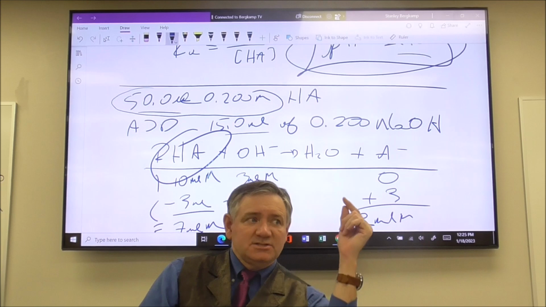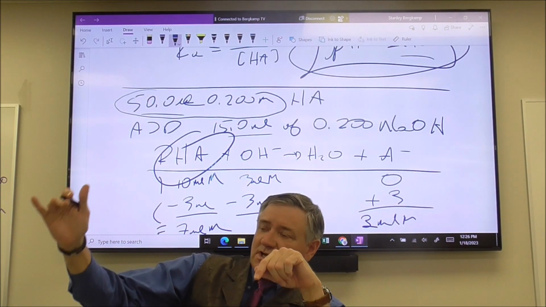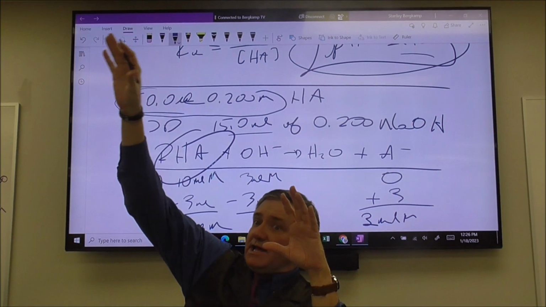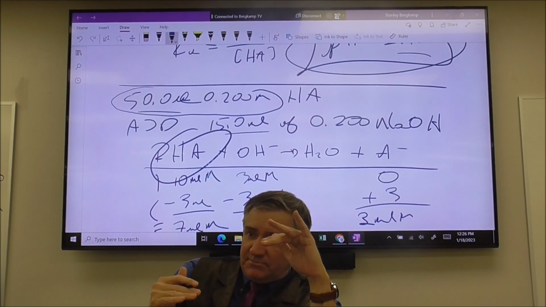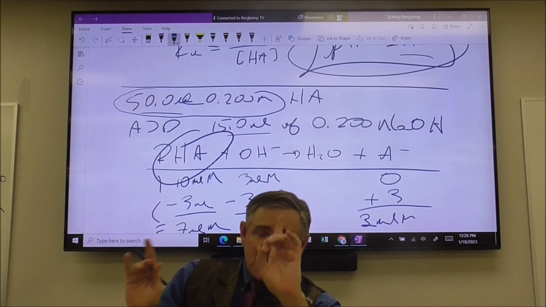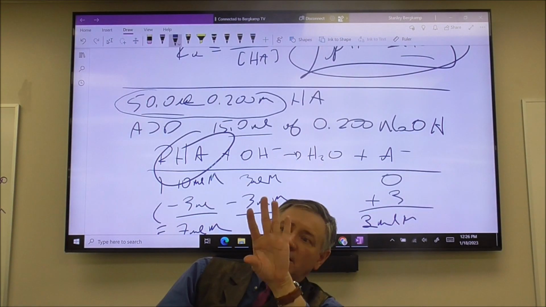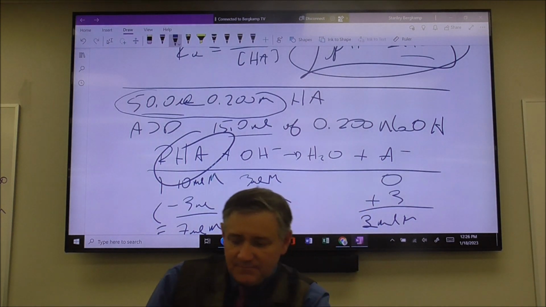The concentration of my HA is going down. The concentration of my A minus is going up. Okay? So I'm generating anions. I'm decreasing the concentration of my acids. We're not half neutralized at this point. Okay? We're still on the left side of that neutralization curve.